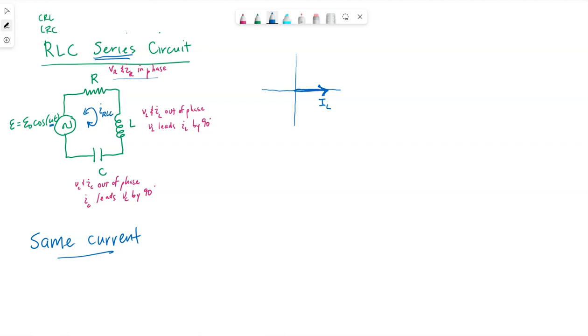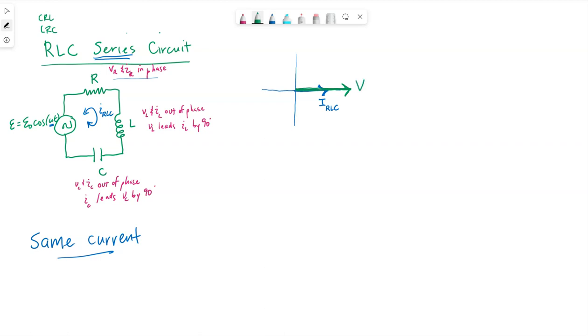The resistor phasor is probably the easiest to draw. Okay, my current phasor, I RLC, meaning the current through this circuit that has all three: resistor, inductor, and capacitor.